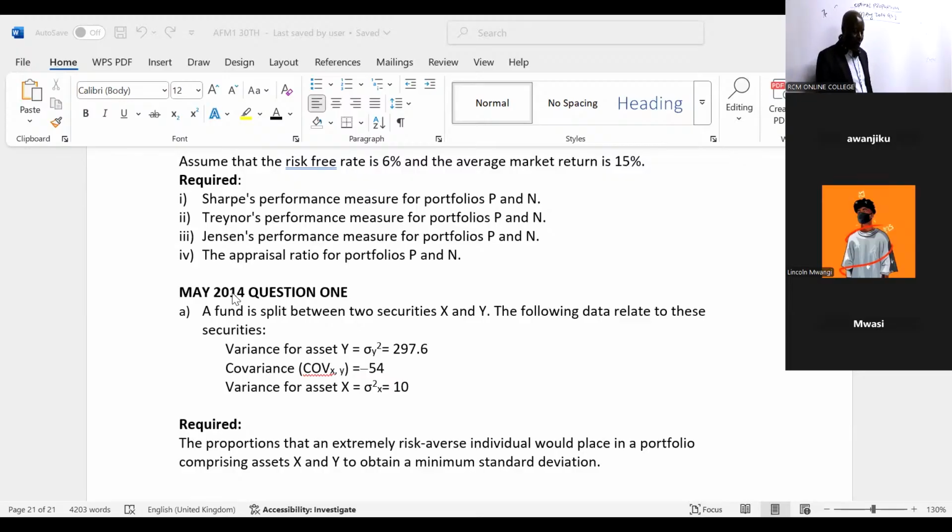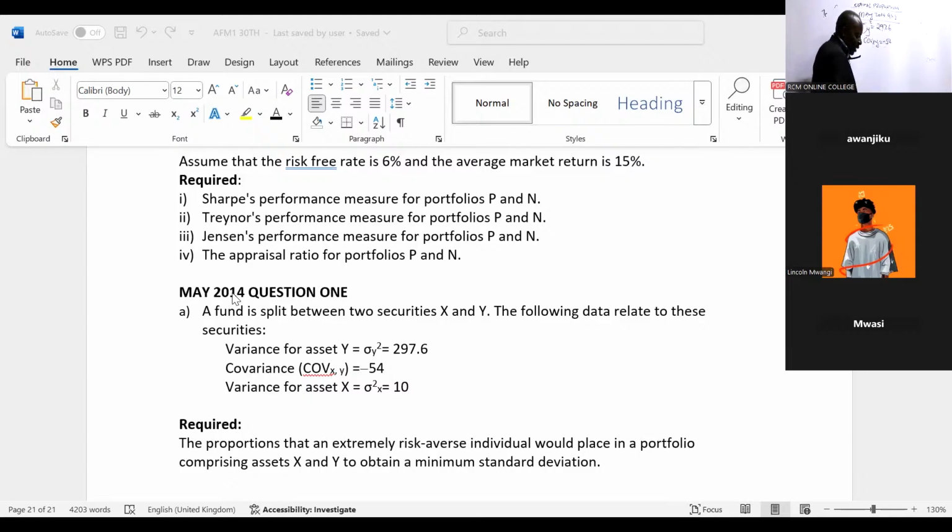If they've gotten that question, I would want us first of all to read it. A fund is split between two securities, X and Y. The following data relates to these securities. The variance for asset Y is 297.6. The covariance between X and Y is minus 54.